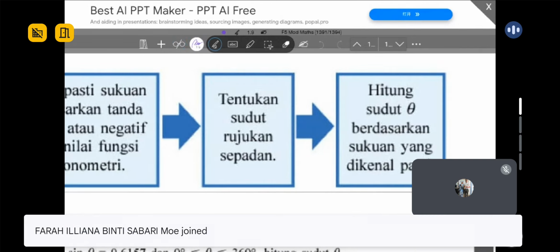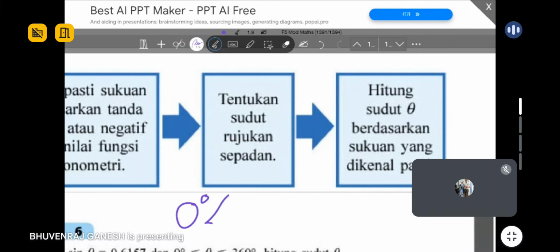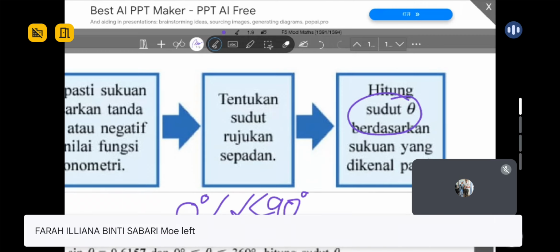Okay, so remember guys, reference angle always within this range. Sudut rujukan kena ada dalam julat ni sahaja. Okay, dia kena jadi sudut tirus lah, dalam perkataan lain, acute angle. Okay, so next step, you count the value of the angle. Kira nilai theta. Okay, based on the quadrant.